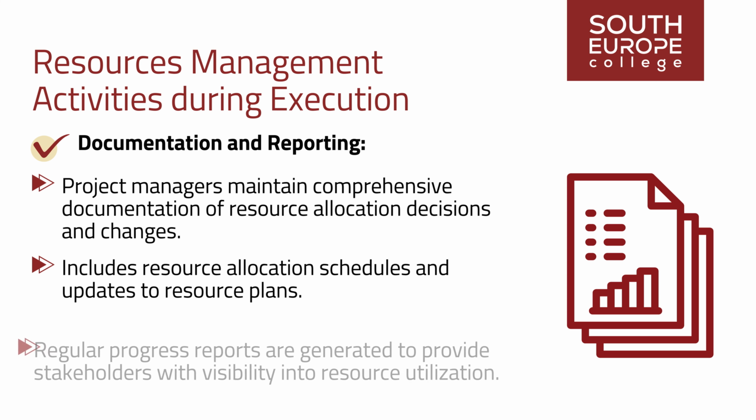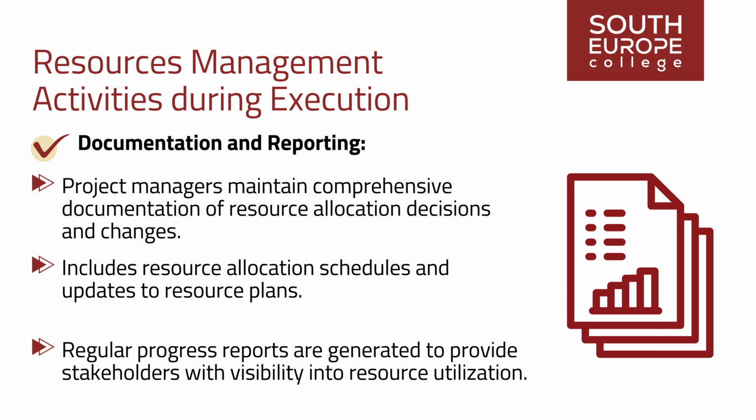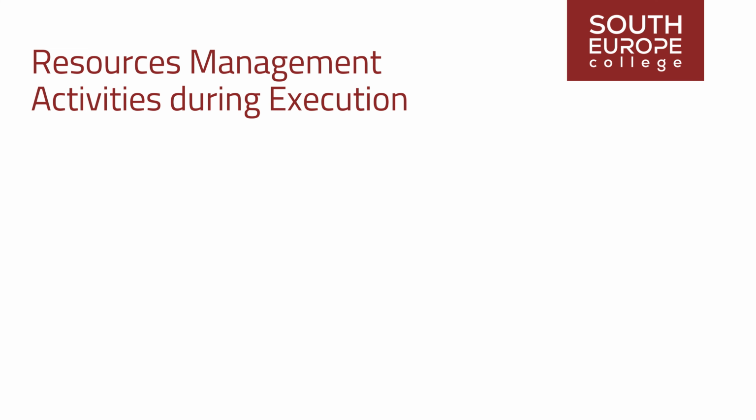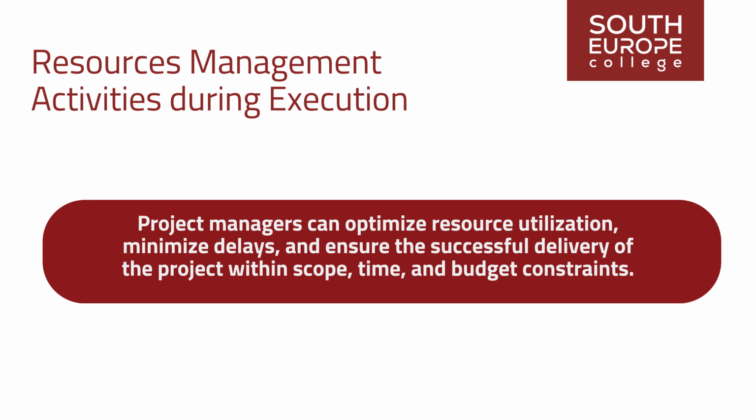Regular progress reports are generated to provide stakeholders with visibility into resource utilization, highlighting any challenges or successes in managing resources during project execution. By effectively managing resource allocation during project execution, project managers can optimize resource utilization, minimize delays, and ensure the successful delivery of the project within scope, time, and budget constraints.